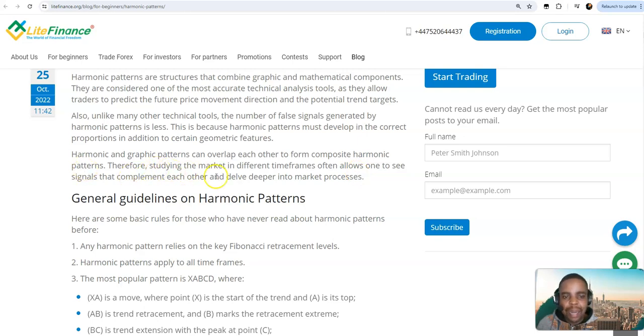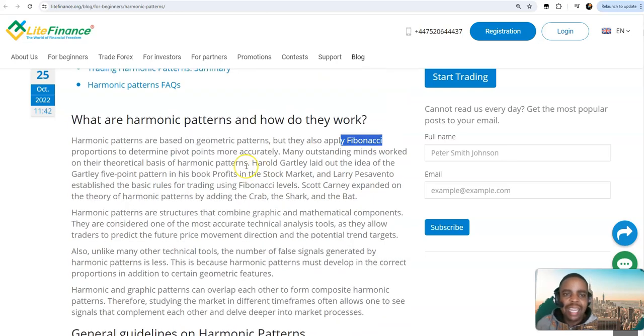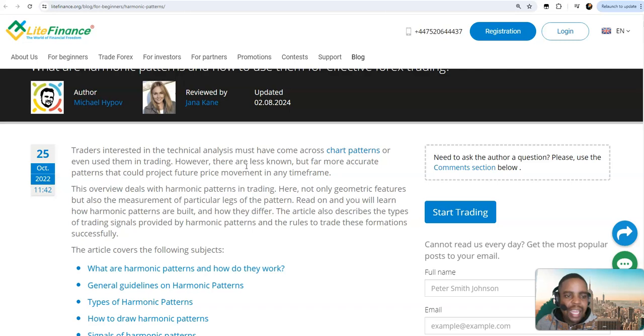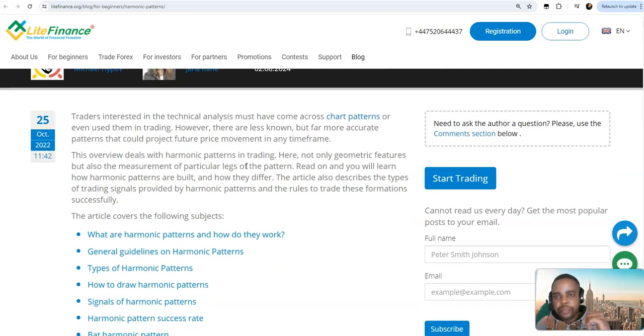Therefore, studying the market in different time frames often allows one to see signals that complement each other and delve deeper into market processes. What I like about harmonic patterns is that they apply to Forex markets, and they also apply to crypto markets and the stock market.